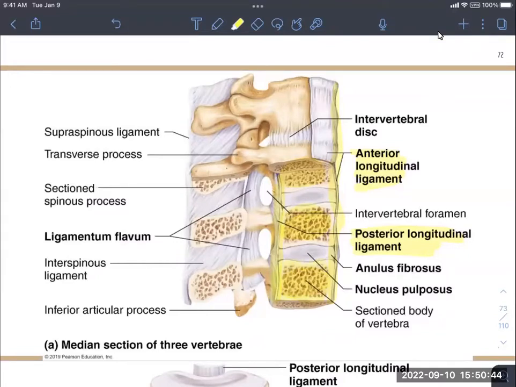So here are the vertebral bodies that I'm coloring in yellow. The anterior longitudinal ligament goes in front of the body. The posterior longitudinal ligament goes behind the vertebral bodies. The ligamentum flavum connects back here.